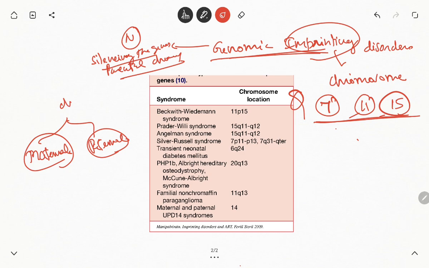So any chromosome will have a copy of maternal and paternal origin. Mostly the paternal origin is the only active copy.